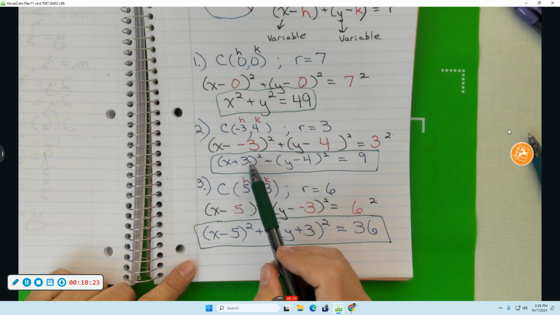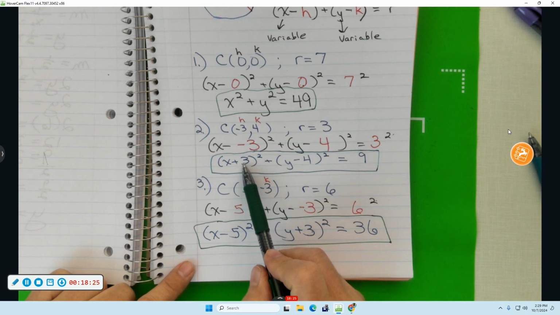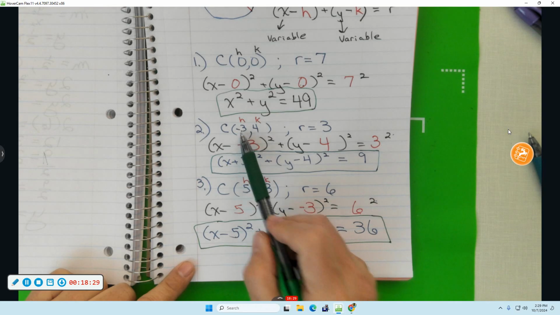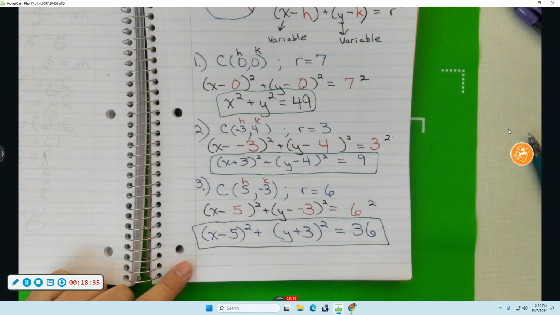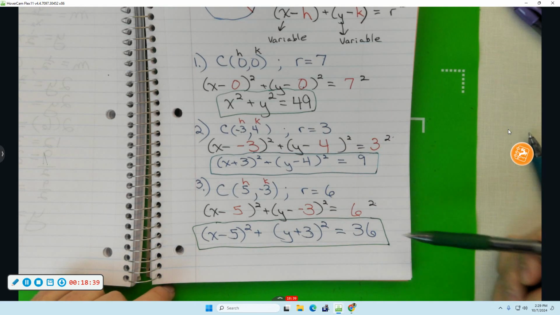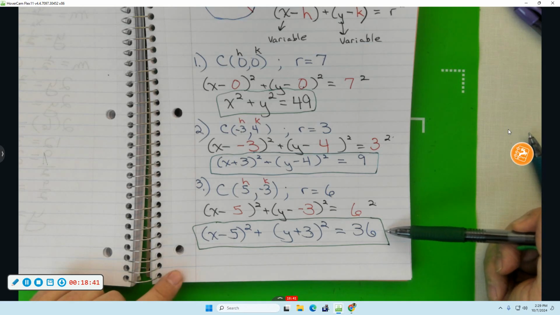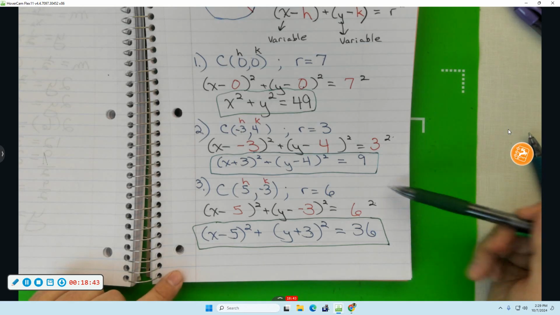Same thing's true here. You see a +3, but what's the X coordinate of the center? A -3. You see a -4, what's the Y coordinate of the center? A +4, and that will be significant. Now, if you're given center radius form, and you need to determine the radius, you're going backwards.